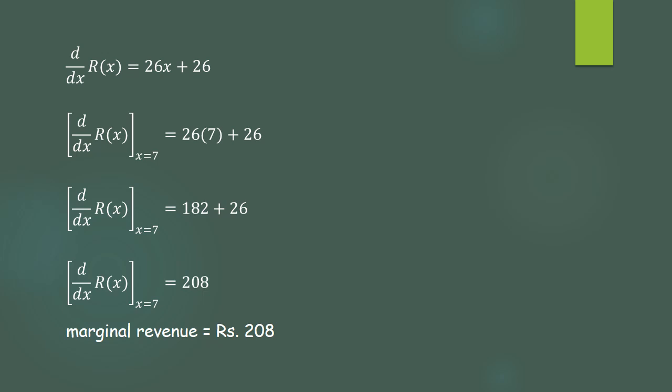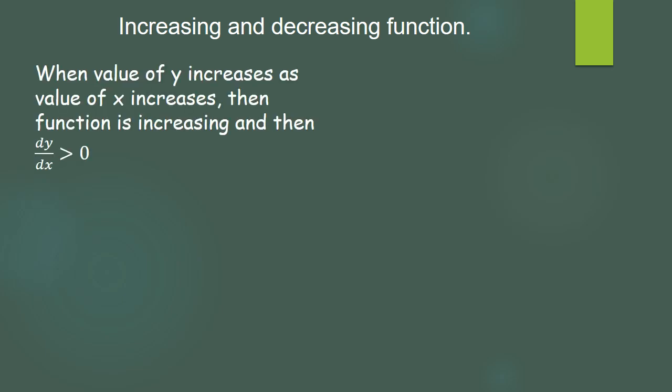Now this completes the rate of change, that is, how one quantity changes with another. Now in the change, we look at increasing or decreasing. For example, if x increases and the value of y also increases, or x decreases along with that the value of y also decreases, such a function is called an increasing function, while a decreasing function is a function where one value increases with the decrease in the other.